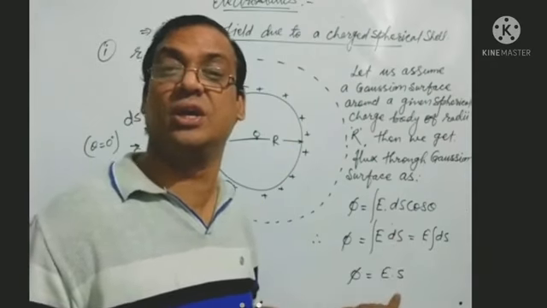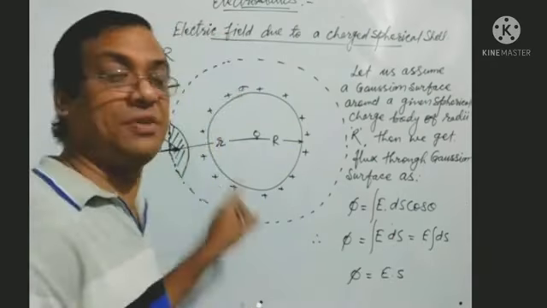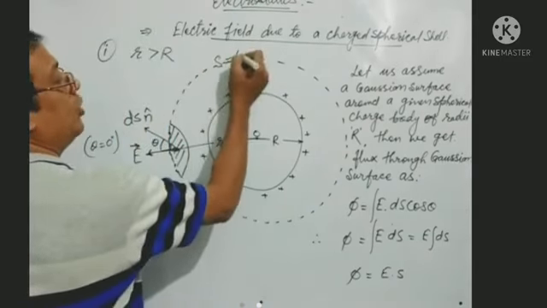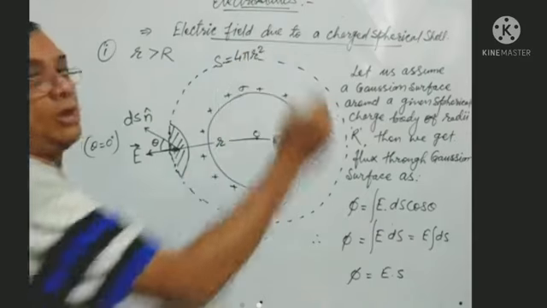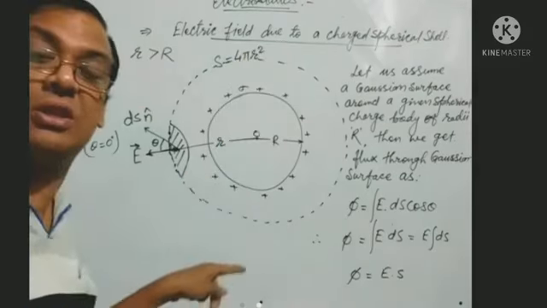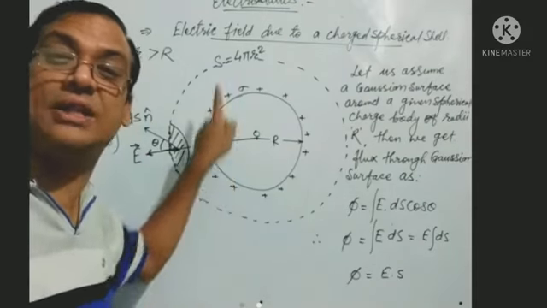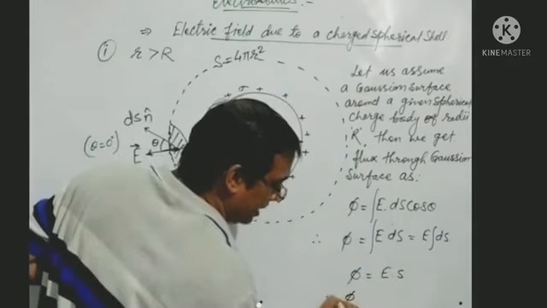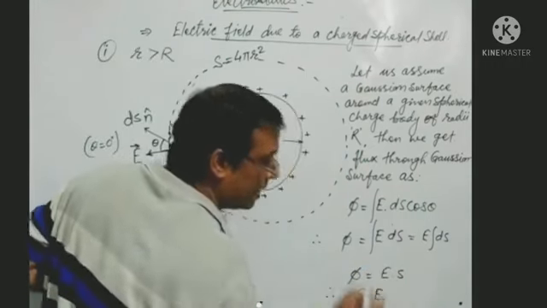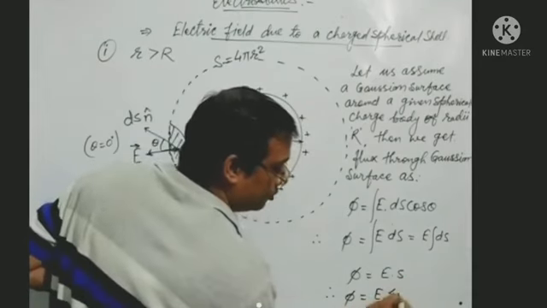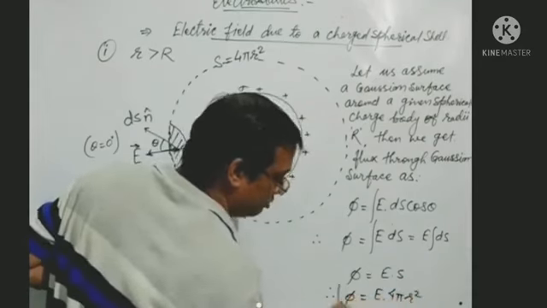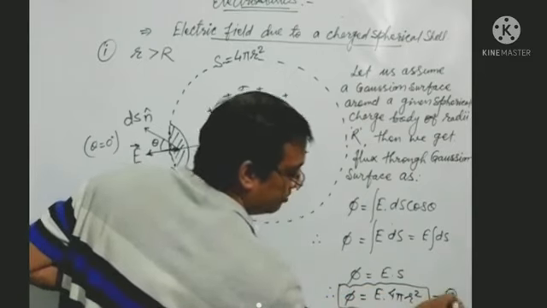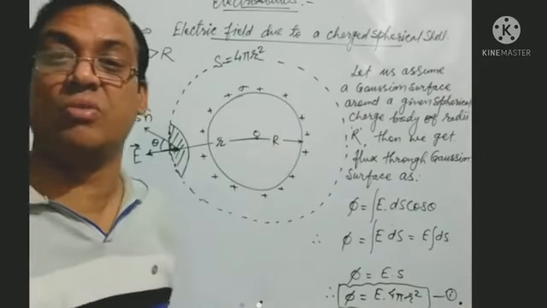So its surface area will be equal to 4 pi small r square. Why? Because the Gaussian surface has the radius small r. So finally, we will find out the flux as electric field into 4 pi small r square. This is taken as equation number 1.